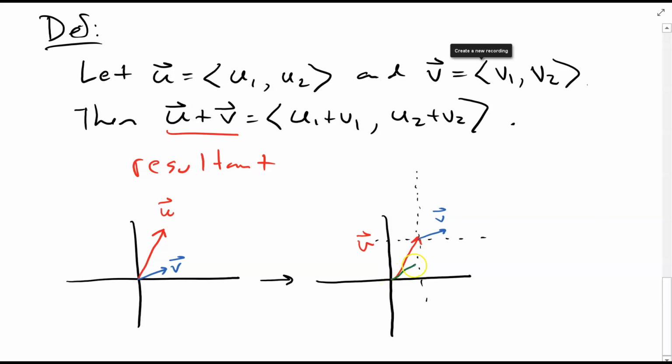And now this vector from the origin to the end of vector v is my resultant, u plus v.